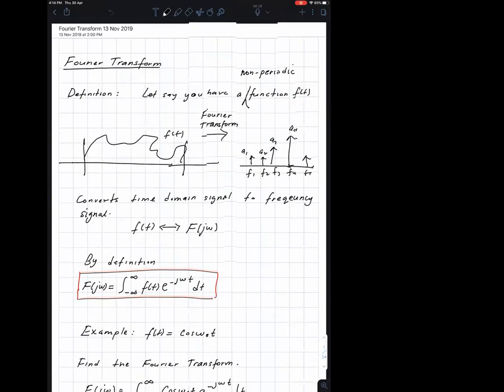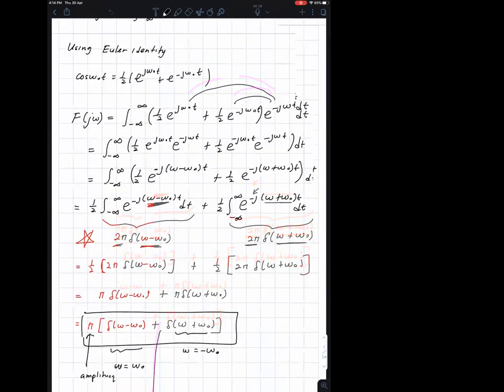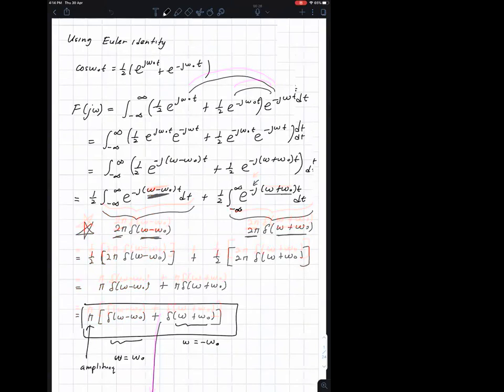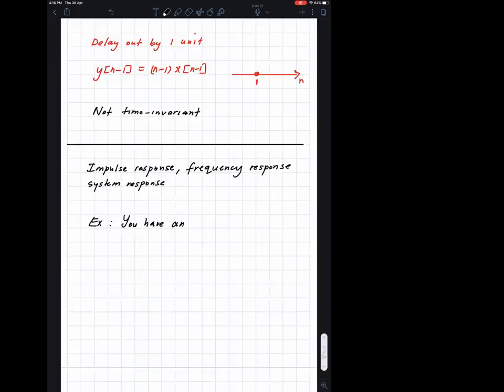So you already know what is Fourier transform and everything, right? And LTI system with the frequency response.